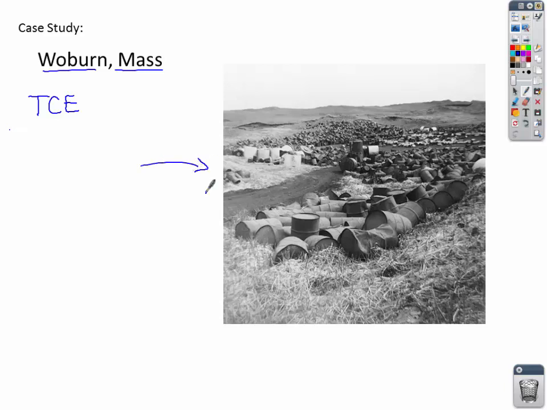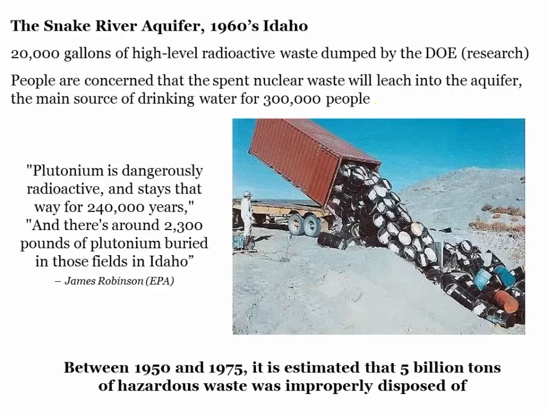There's a couple of Superfund sites around our area where quarries were used, and it's very dangerous because these places have direct linkage to the groundwater table and drinking supplies. Another case study of dumping in the ground is the Snake River Aquifer in the 1960s in Idaho. A lot of waste was generated in the United States nuclear program.